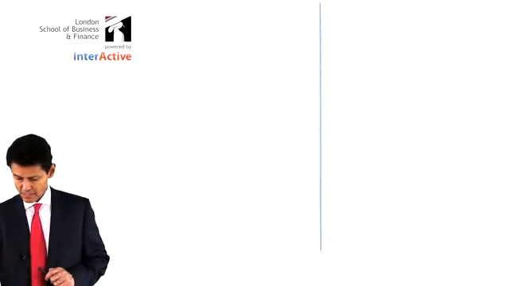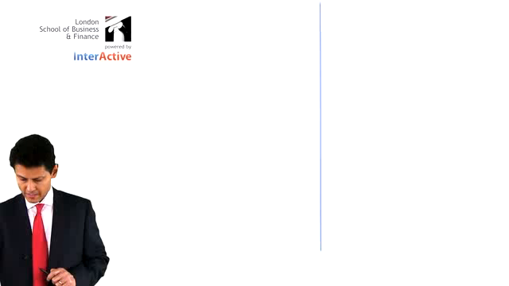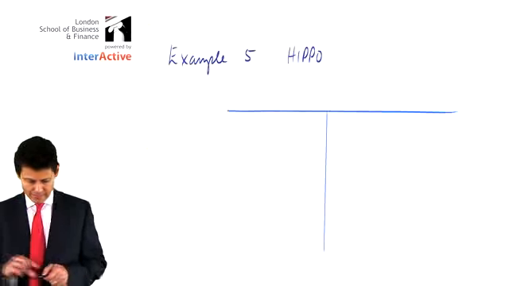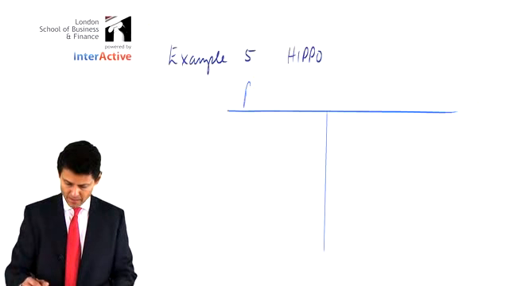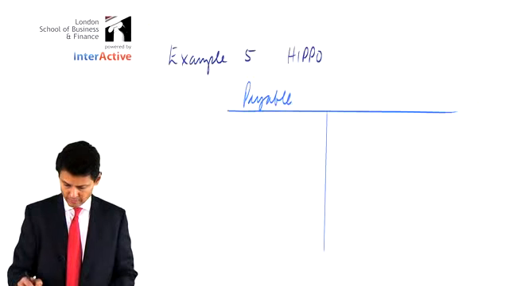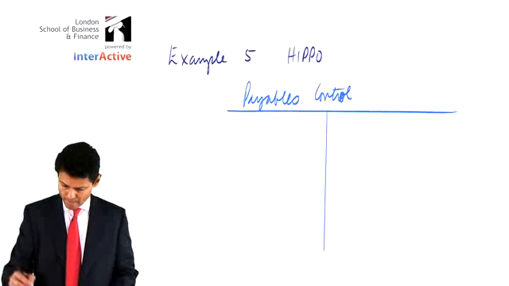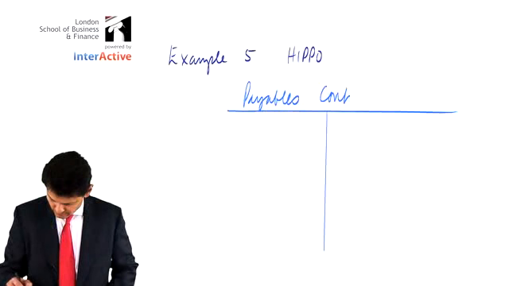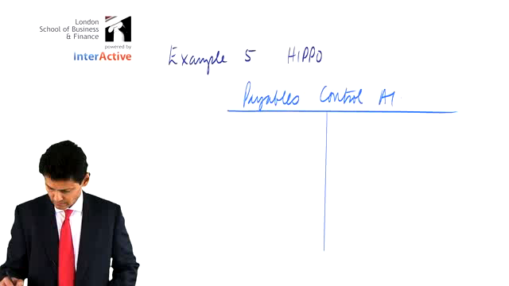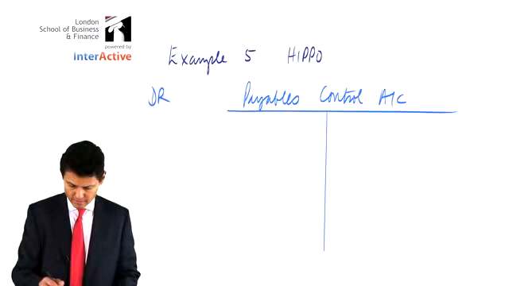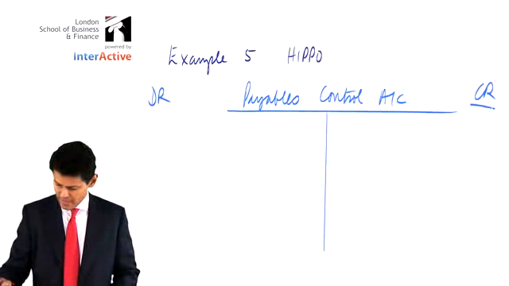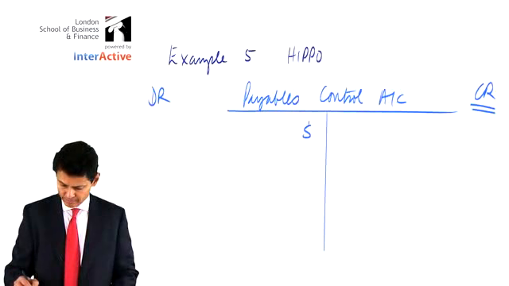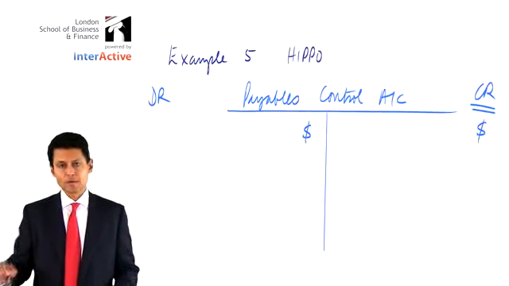If you're doing the computer-based exam, it's all your own private workings, but even so, you've got to give yourself a chance by laying it all out. So here we are. Let's write this out as the payables control account. Debit, credit. And as you'd imagine, it's essentially a credit item.